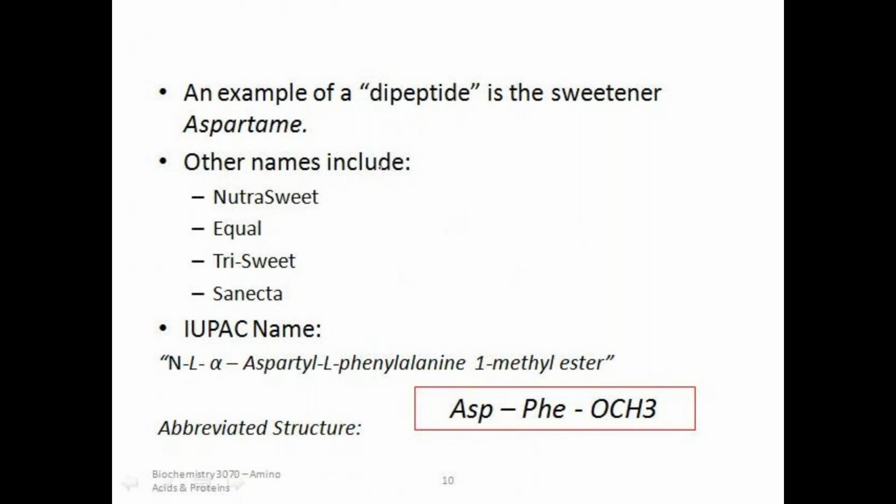Some peptides exist in nature with different functions, and the main dipeptide here is aspartame. Aspartame is a main dipeptide acting as a sweetener in the food industry. It is also called NutraSweet, Equal, TriSweet, Sadecta.